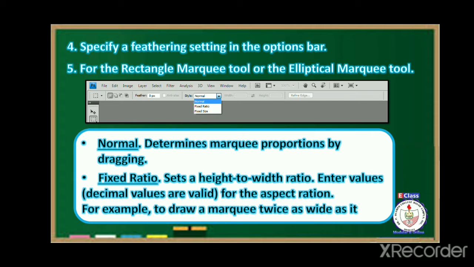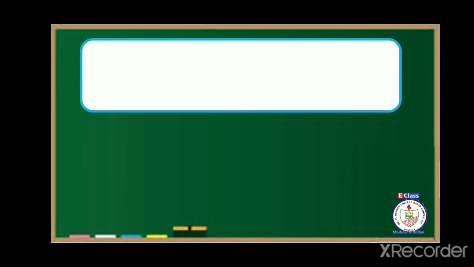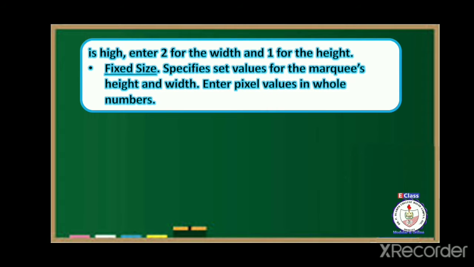Fixed Ratio sets a height to width ratio. Enter values; decimal values are valid for the aspect ratio. For example, to draw a marquee twice as wide as it is high, enter 2 for the width and 1 for the height. Fixed Size specifies set values for the marquee's height and width. Enter the pixel values in whole numbers.